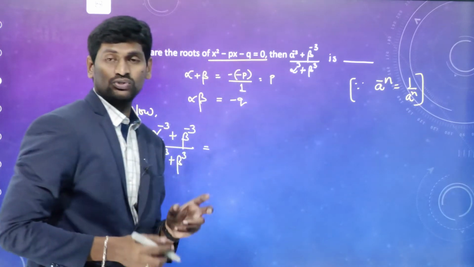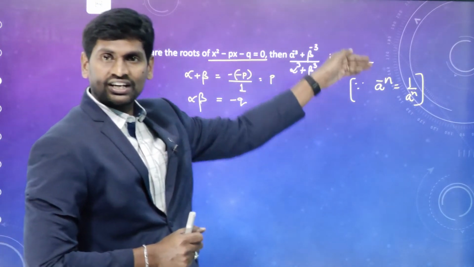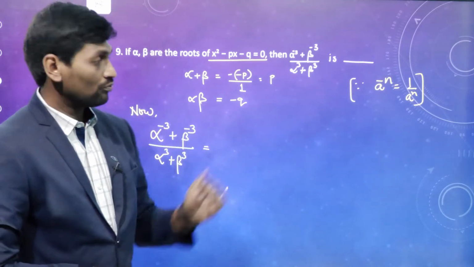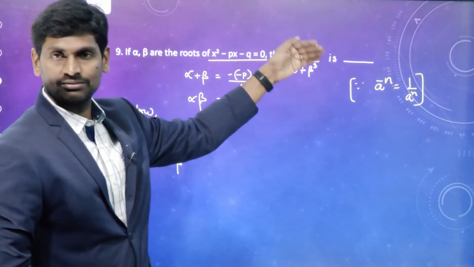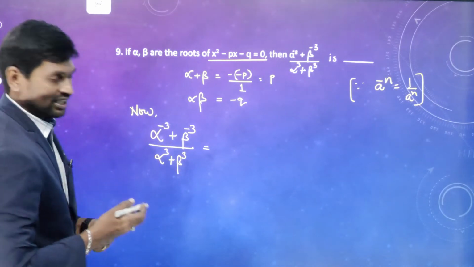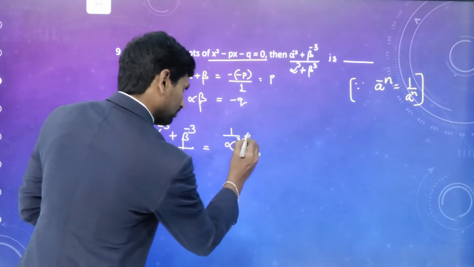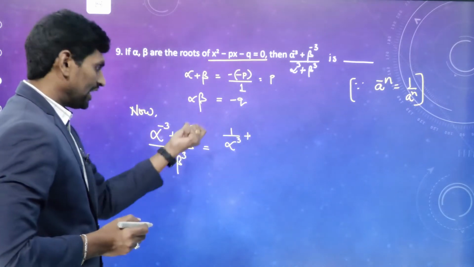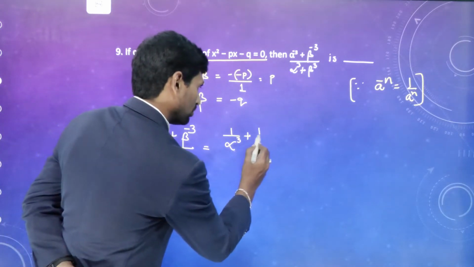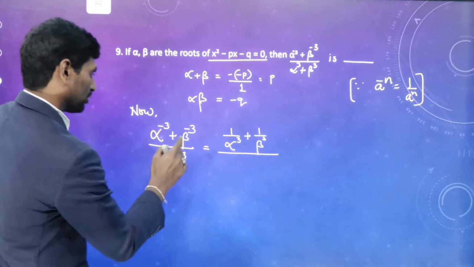That means whenever you see the exponent is negative, to make it positive, we can write it in the denominator, 1 by a power n. In the same way, alpha power minus 3, I am writing in positive way 1 by alpha cube. Beta power minus 3 also 1 by beta cube, whole divided by alpha cube plus beta cube.